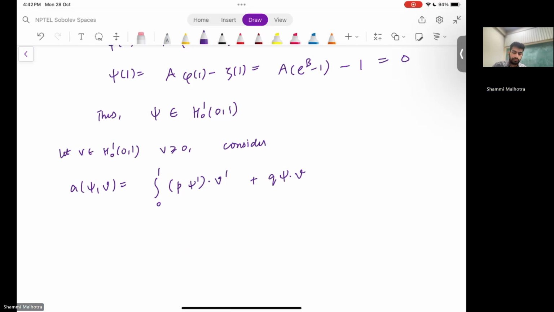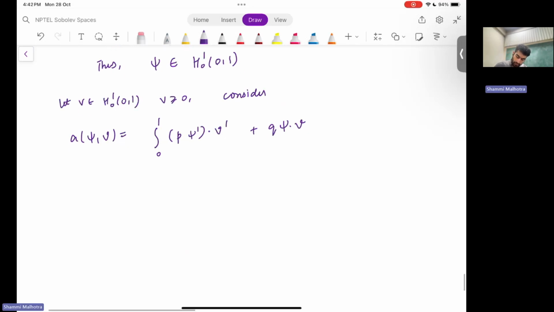So this whole can be written as minus the integral from 0 to 1 of (p psi dash) dash v, since again psi vanishes on the boundary, so the boundary term will not occur.